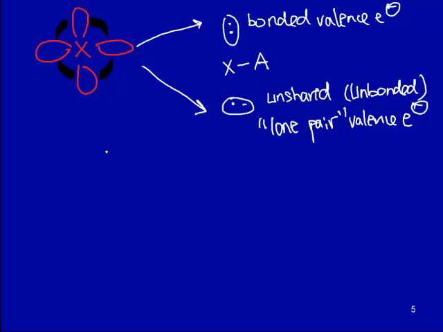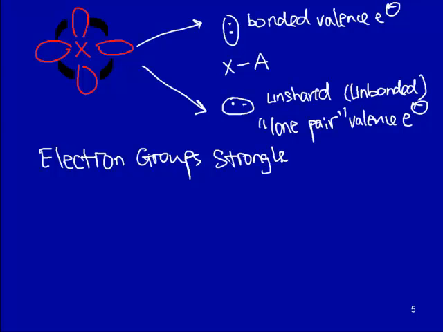So the interaction between the electron groups is that they strongly repel each other.